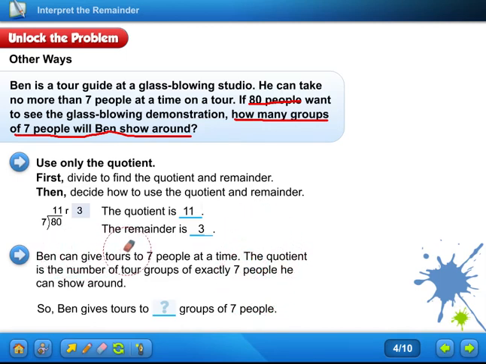Ben can give tours to 7 people at a time. The quotient is the number of tour groups of exactly 7 people he can show around. So Ben gives tours to 11 groups of 7. And then maybe if he's a nice guy, he would have 1 more group of 3.